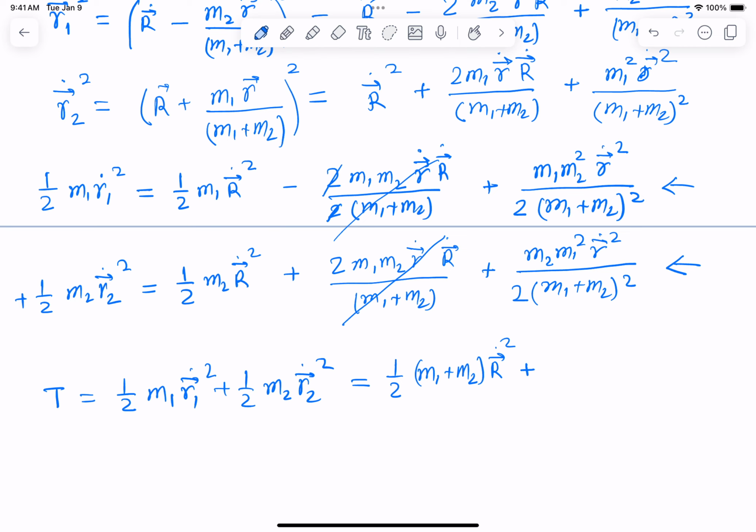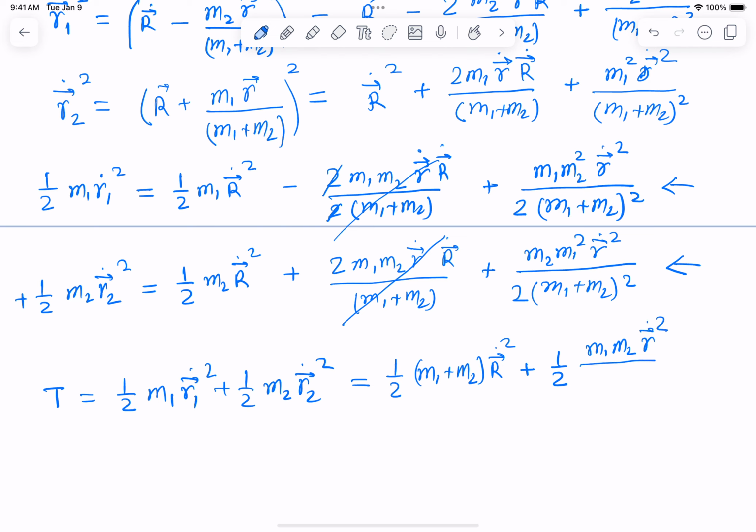Okay, and then finally we have m1 m2 squared r dot squared divided by 2 m1 plus m2 whole squared. And if you just add them together, you will see that there will be a term that comes out. So in both these terms you will get a half m1 m2 r dot squared.